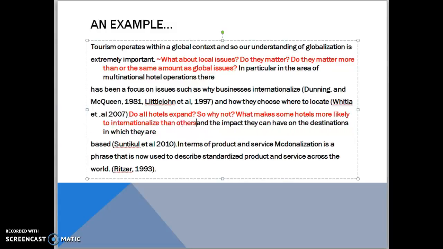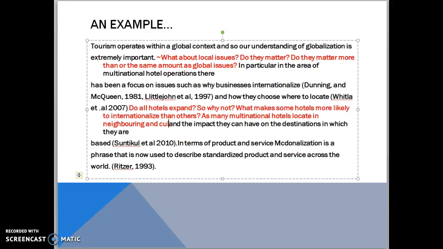Then if we start thinking about where they internationalize to, well, we know that many multinational hotels locate in neighboring areas and culturally similar areas, and that includes language. So because of that, where does that lead us in our thinking?